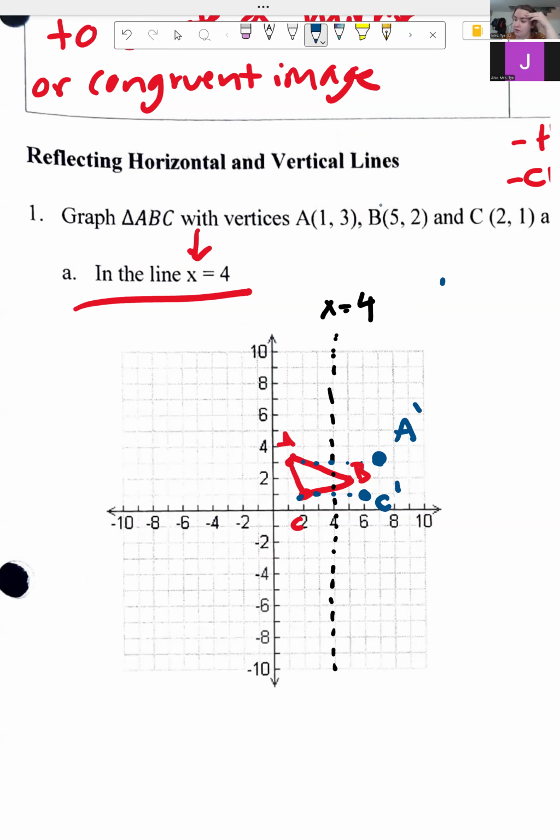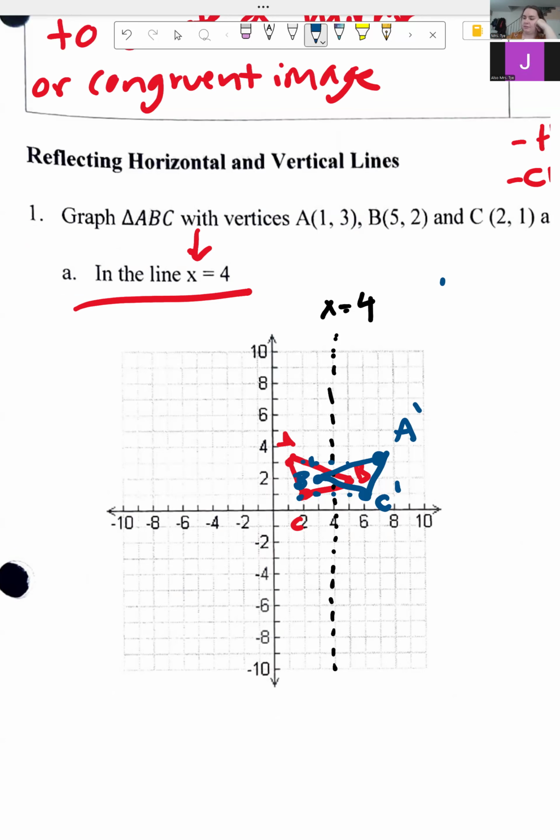Okay, this is 1 box away, so we're gonna make it 1 box away along that same line as B, labeling it B prime, and then we will connect those vertices. Okay, so it kind of makes this overlapping image like this. Really relying on that property that they are equal distant from that line of reflection.